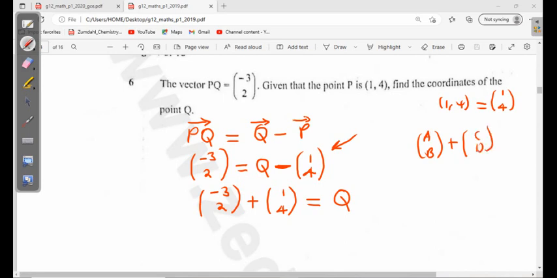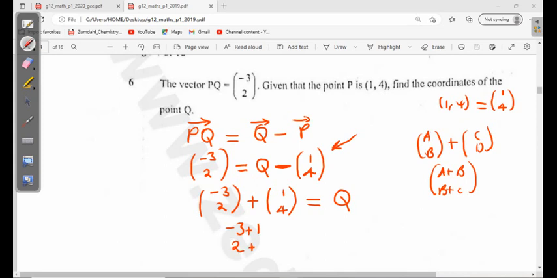So we have negative 3 plus 1 on top, and 2 plus 4 down, equal to Q.